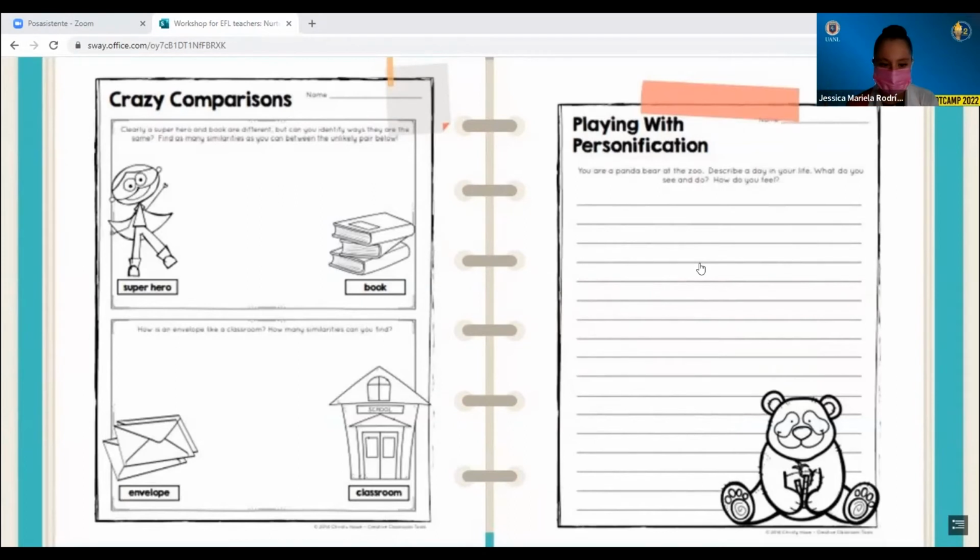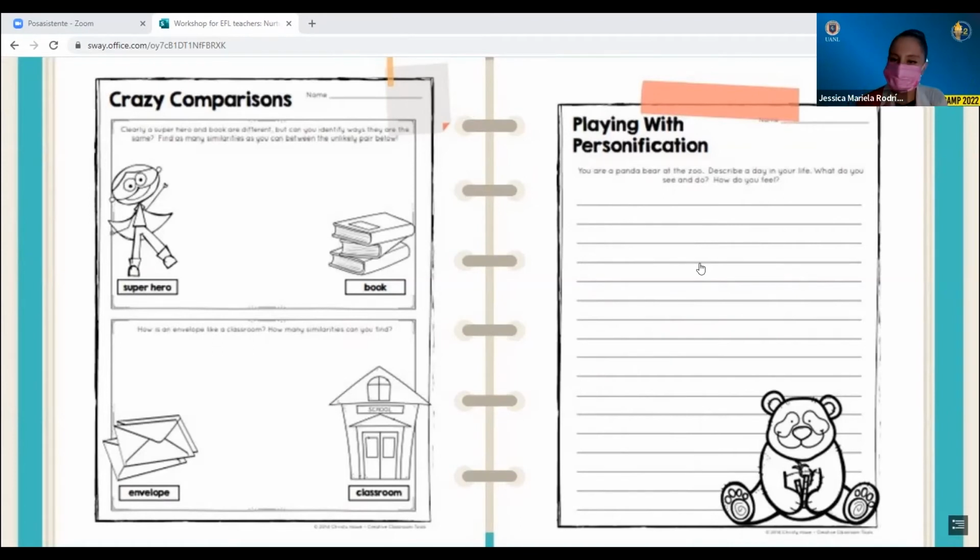That's the point. Or how similar are envelopes in houses or classrooms? In this case, it is a classroom. Can you think of something that is similar between these 2 concepts? Find as many similarities as you can between the superhero and the book or the envelope and the classroom.